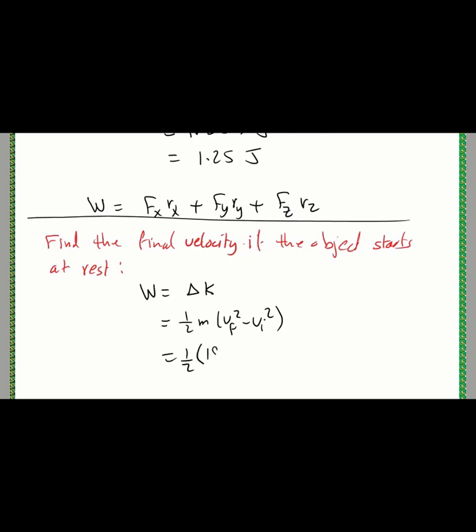For our question, the mass is 18. V final is unknown, not from rest, and the work is 1.2519, and you will get the velocity easily. It is 0.373 meters per second.